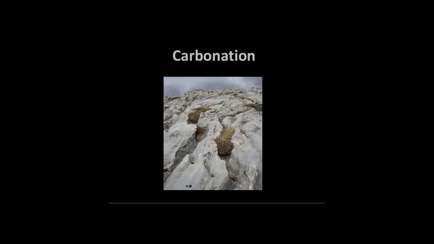In this picture, you can see how the limestone rocks have been subjected to carbonation. Alright, some bits and pieces of the rocks have been removed. The soluble minerals have been removed, so automatically the chemical composition has changed.